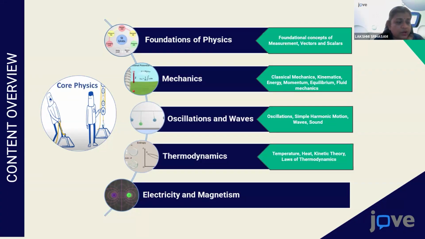Next, we have thermodynamics, which is dealt with in chapters 18 to 21. Here we have the fundamental principles of electricity and magnetism: the electric charges, fields, potential, along with the concepts of magnetic forces, induction, behavior of a charge, circuits, and alternating and direct currents.